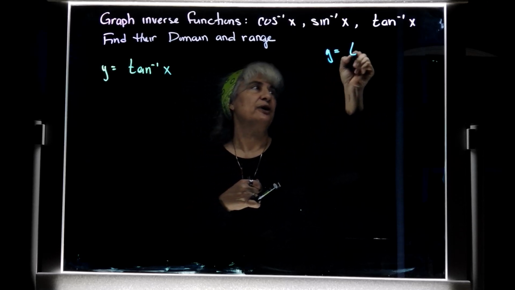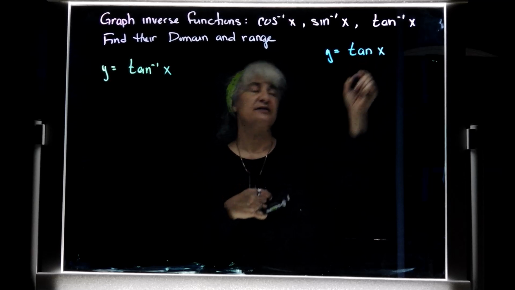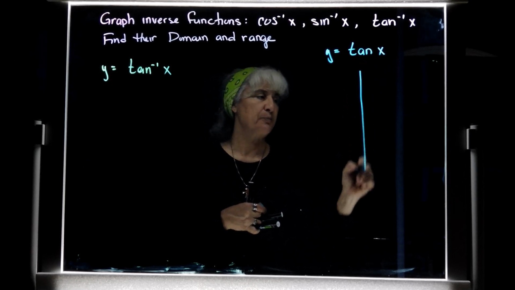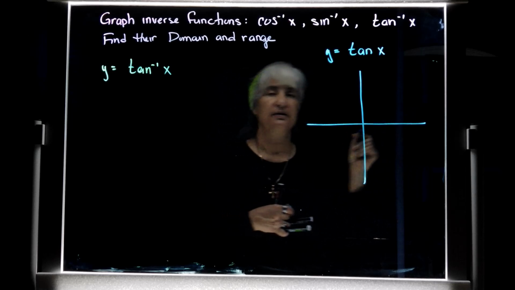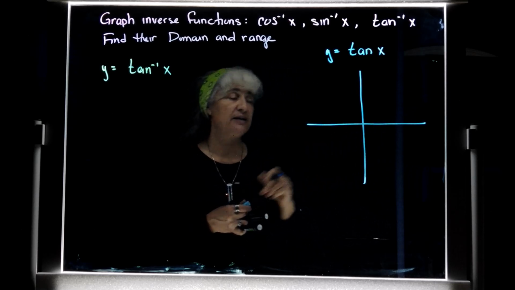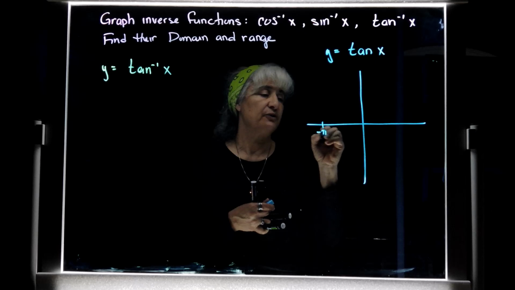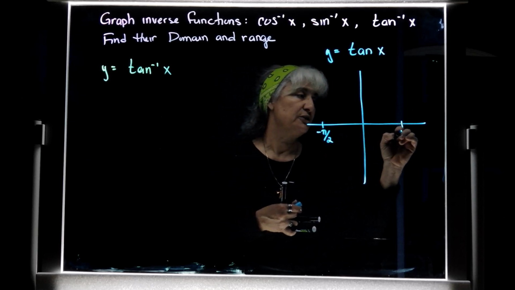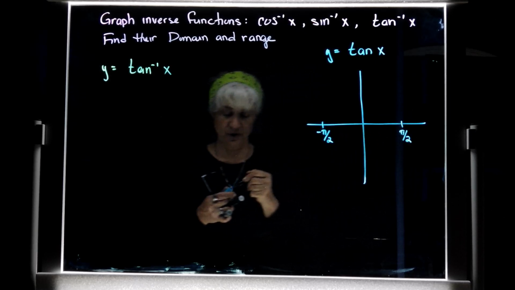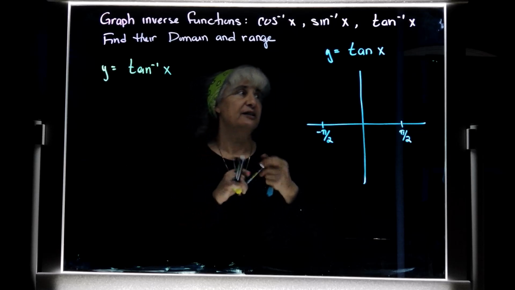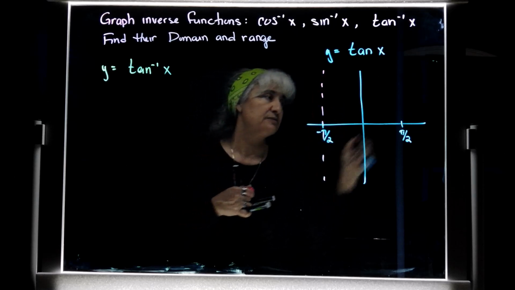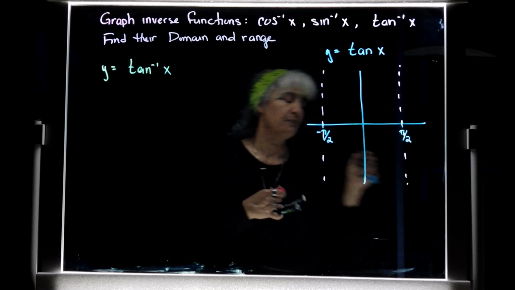So we're going to look at what the graph of y equals tan of x is. Now, if you remember, when you graph the tangent of x function, we go from -π/2 to +π/2 on the parent graph. These are the asymptotes, right? Okay.